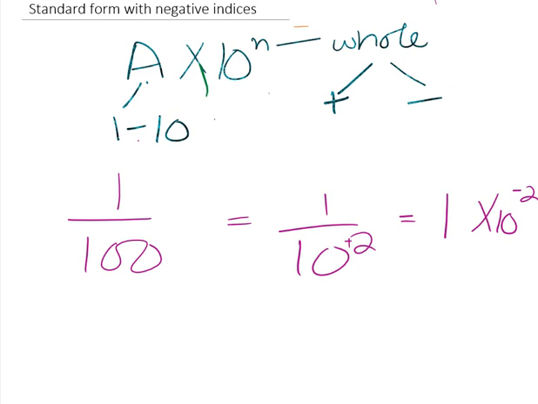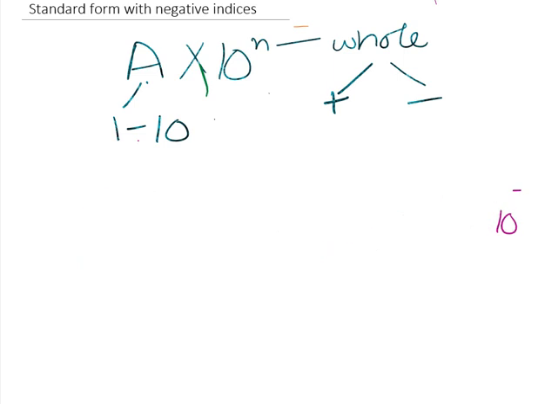On one side, I will discuss standard form with positive indexes, and on the other side, standard form with negative indexes, so you will get a whole idea of both at once. Okay, let's make some separation. I pick a different color.